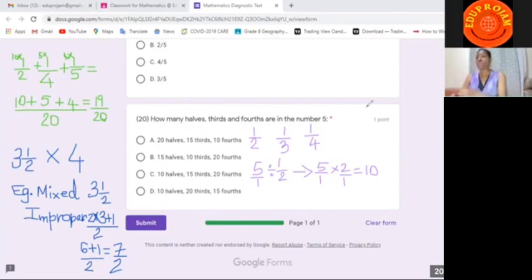When we say product, that is multiply. When we say difference, which operation is that one? Find the difference between. Which operation is that one, Rohan? Subtract, miss. Very good.